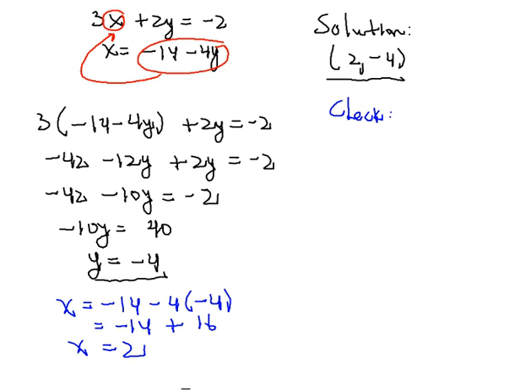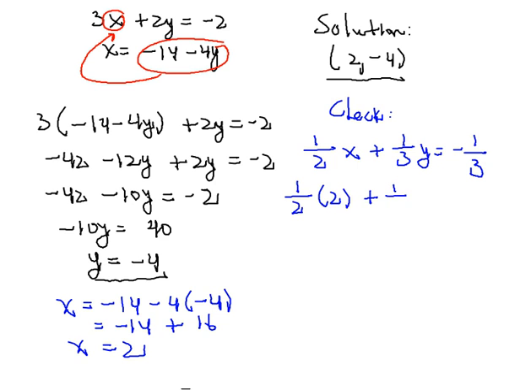So the original equation was 1/2 x plus 1/3 y is equal to negative 1/3. Now this is the first equation in the system, and what we'll do then is substitute 2 for the x and negative 4 for the y.